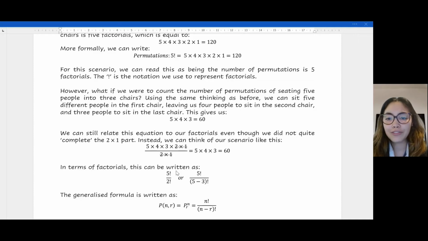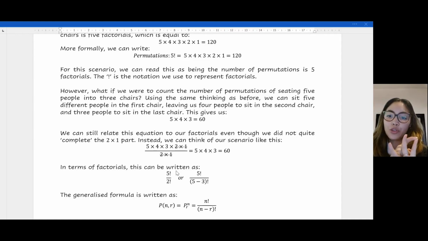So if we did have these 5 people here in these 3 chairs, we can still think about and do the exact same thing as before. So now we've got 3 seats instead. It's always best to think about these questions more logically, even though there is a formula that you can use as well. So in the first chair, there's still the 5 people, so I can fit 5 different people in my first chair, of course.